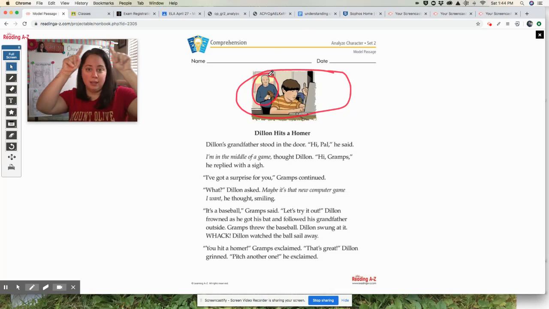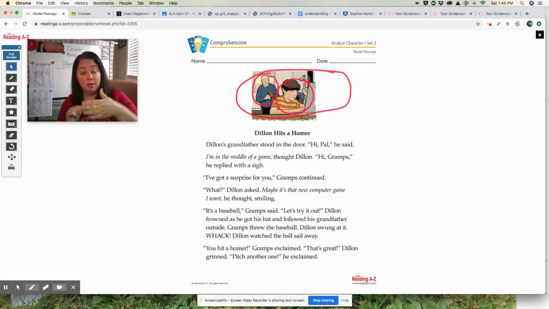Again, I'm talking about those outside character traits. He has a baseball and a baseball glove, so that tells me that maybe he probably likes baseball. We have another character over here who's working on a computer. He looks younger than the first character we talked about. And he looks very into his computer, and he doesn't look like he is very interested in the baseball, but we'll find out what's going to happen in the story.